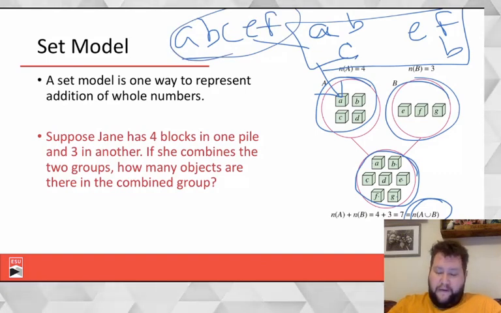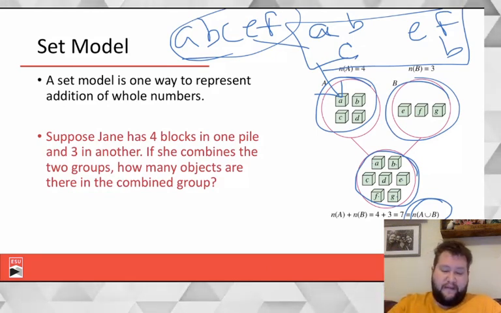And so we need to make sure that when we use a set model, we are not looking at things multiply. I'm going to revisit this really formal notion of union in a few slides from now.